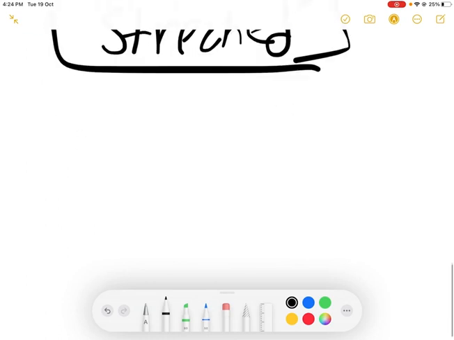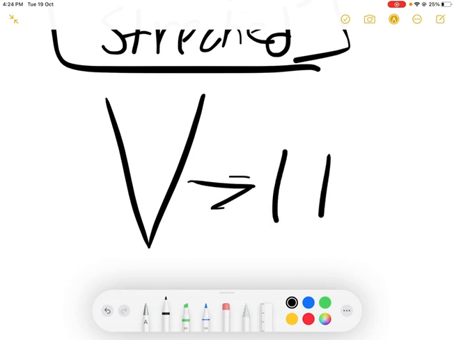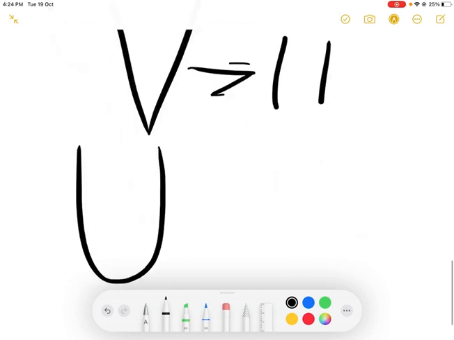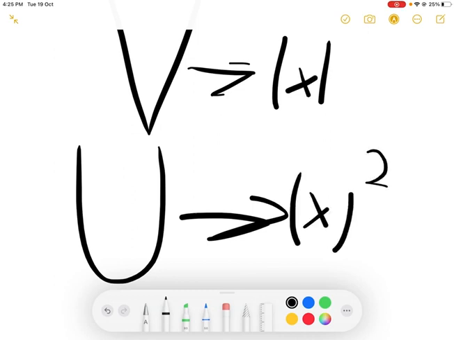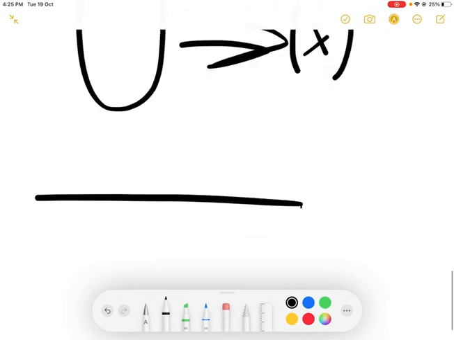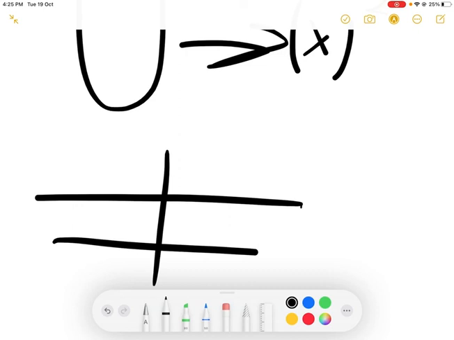And if you want to know which type of function is in a graph, you just see if it's a V, then it's absolute value. If it's a parabola, then it's a quadratic function. If it's a straight line with only one y value, then it's a constant.